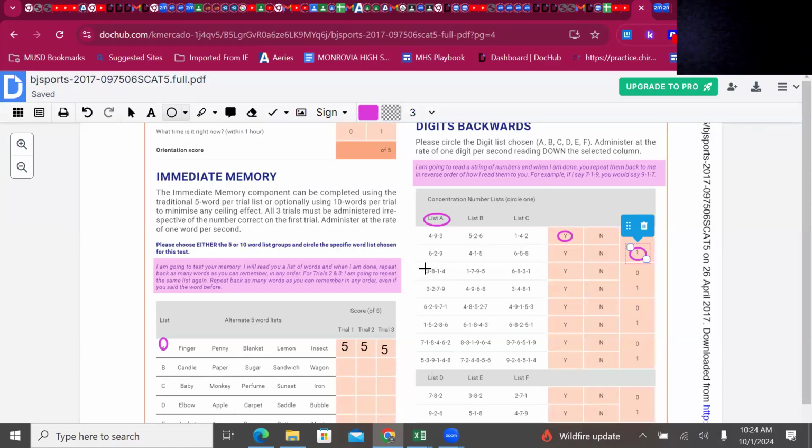I'll circle 3814. Red got it correct. I circle yes, and then I give it a 1.